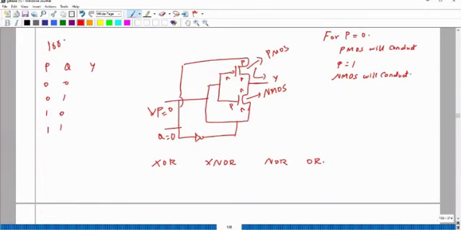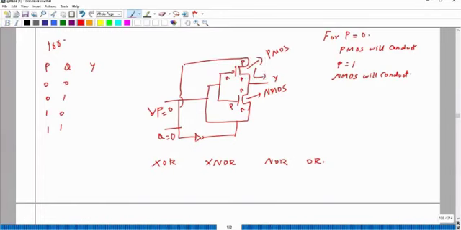Next, 105. So they are asking what is phi. Okay. So this is your AND gate.